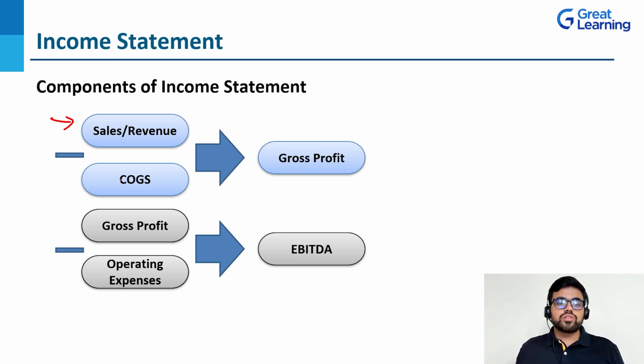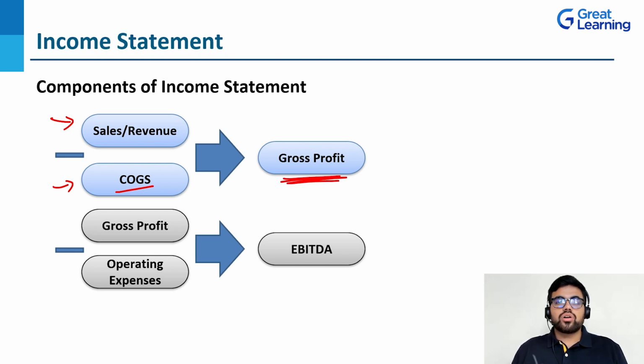Now if you subtract COGS, what is this COGS? This is the cost of goods sold. If you're an automobile company, you're making cars. The cost that you have incurred while building that particular car is called the cost of goods sold. If you subtract that from revenue, you get a term called gross profit.